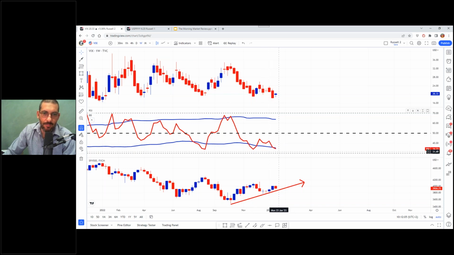So yes, let's just close everything with a summary of exactly what we are talking about here. Number one, the economic data is very weak. If we're not in a recession, we're heading towards a recession.